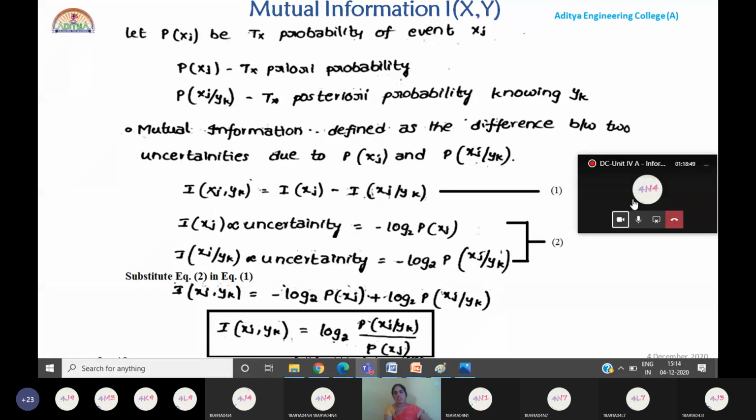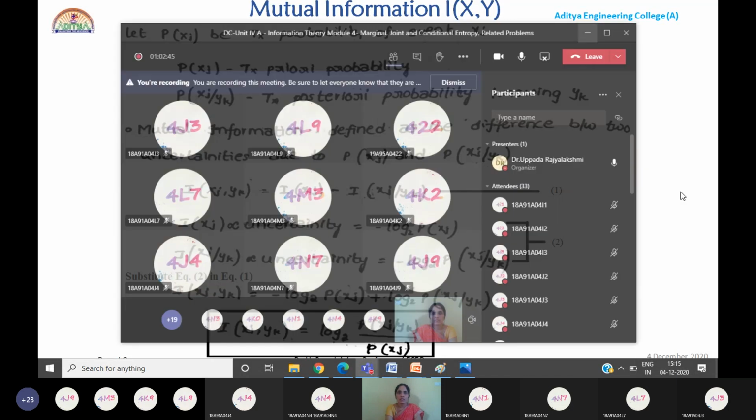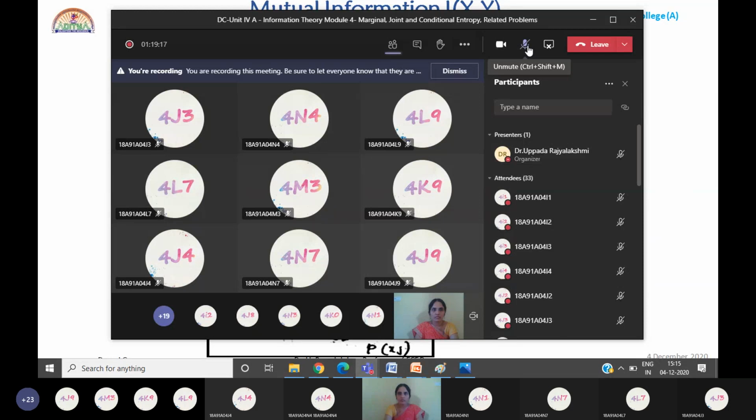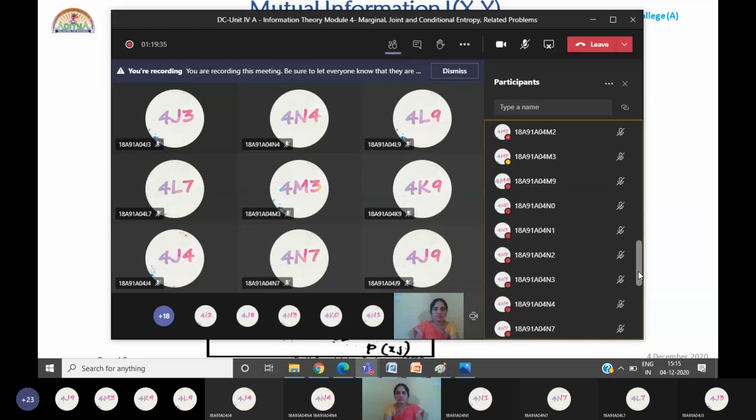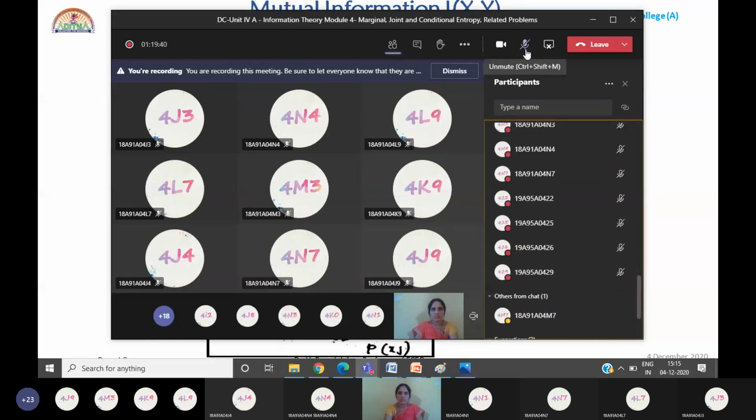Before going to the mutual information concept, I request any one of the student to please tell me the expressions for the 5 kinds of entropies and the two relations between the conditional entropies, marginal entropies, and joint entropy.